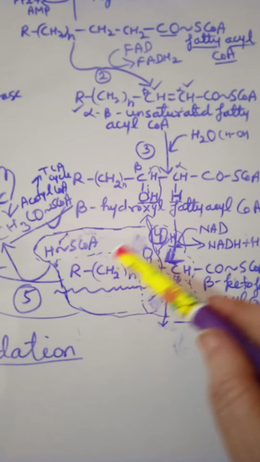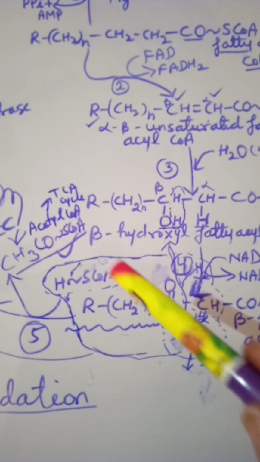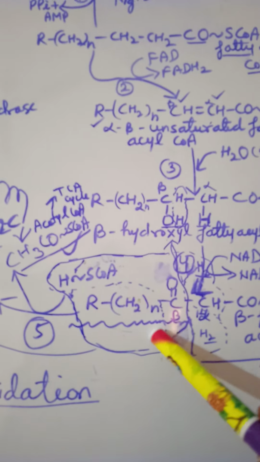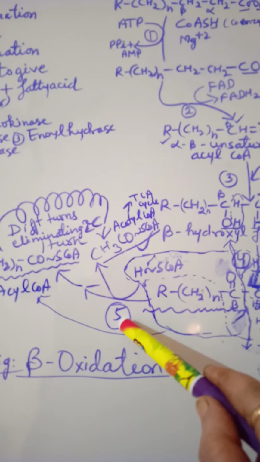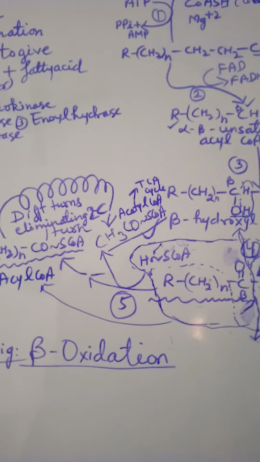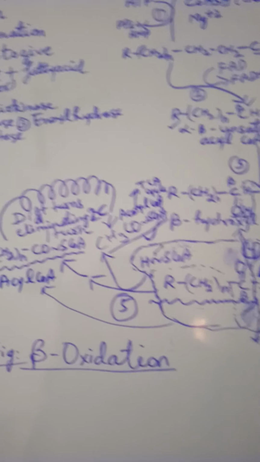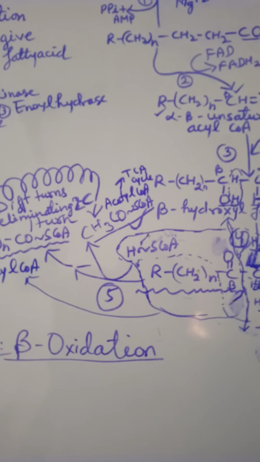This shows the cleavage. You could see I have tried to isolate one of the components after step 5. Step 5 is the cleavage step in the presence of beta ketothiolase.